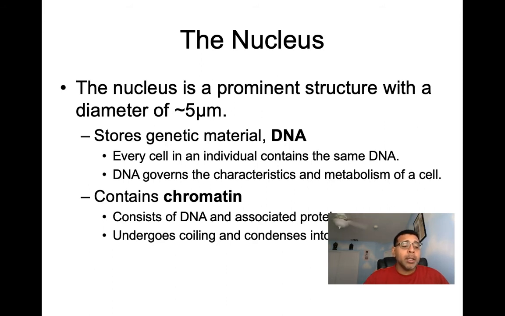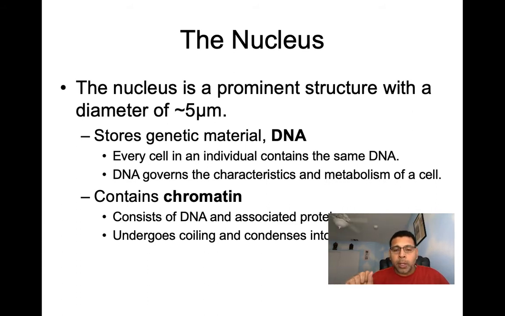Now, when you look in the nucleus, you don't just see a DNA molecule sitting there. What you see is chromatin. Chromatin consists of DNA and proteins. It's found scattered throughout the nucleus and undergoes coiling and condensing to become highly condensed structures called chromosomes.